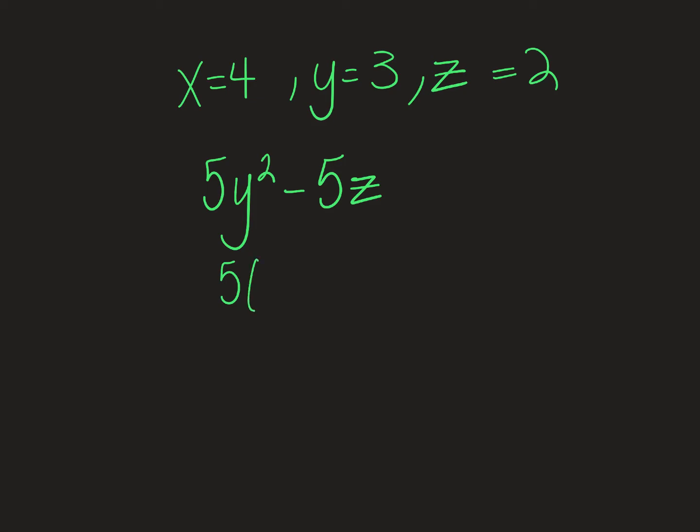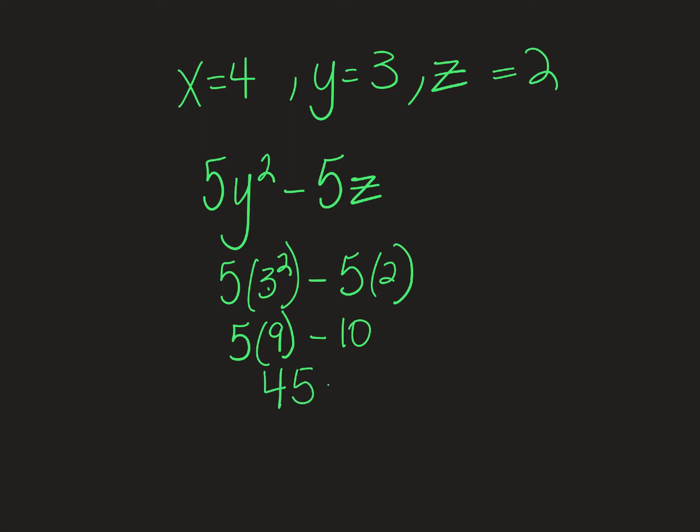The value of y is 3, and that is squared, minus 5 times z is 2. All right, so you want to do your exponent first, which is 3 times 3 is 9, and 5 times 9 is 45, minus 2 times 5 is 10, and your answer is 35. Make sure you all get in the habit of circling your answer so that I can find those answers.